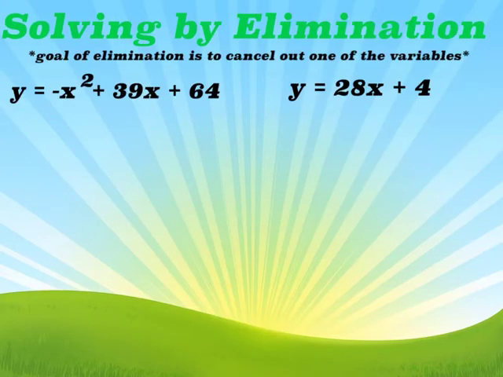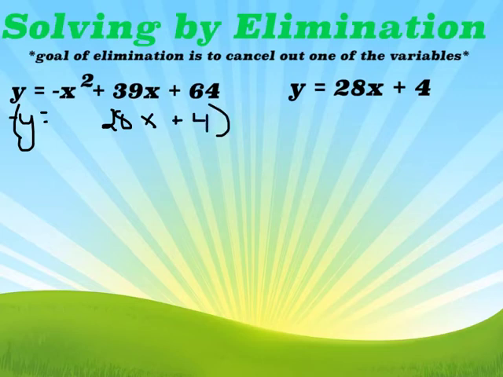Solving by elimination. The goal of elimination is to cancel out one of the variables. So here you can see we have y equals -x squared plus 39x plus 64, and y equals 28x plus 4. If our goal is to get our y's to cancel out, I'm going to subtract y equals 28x plus 4 from that.